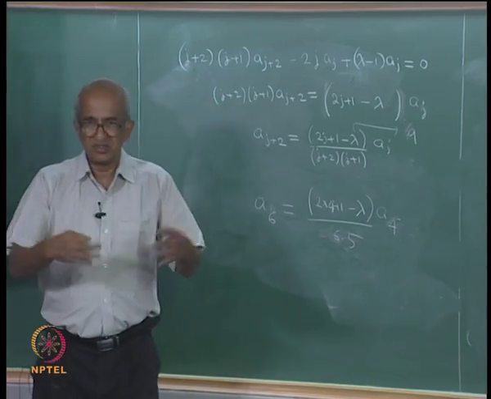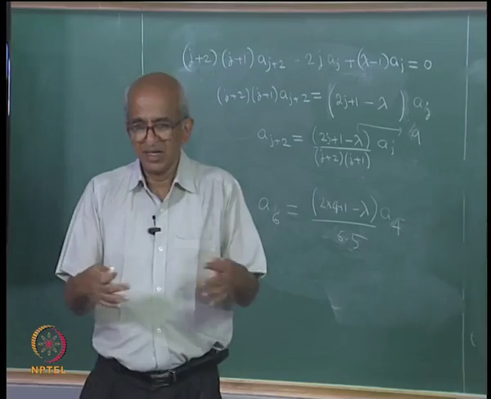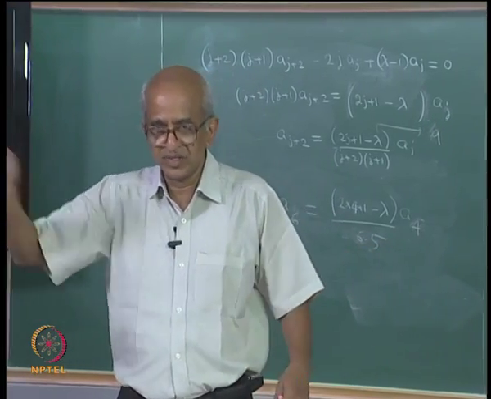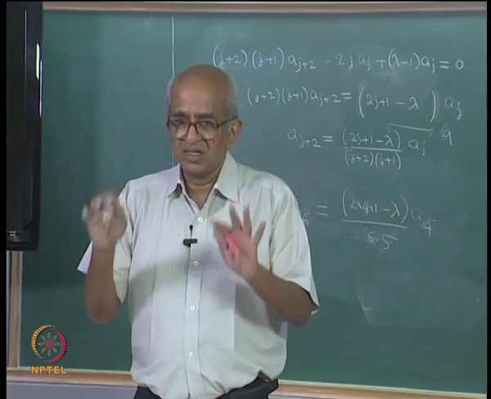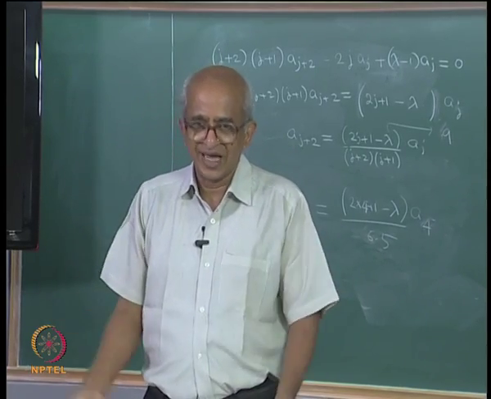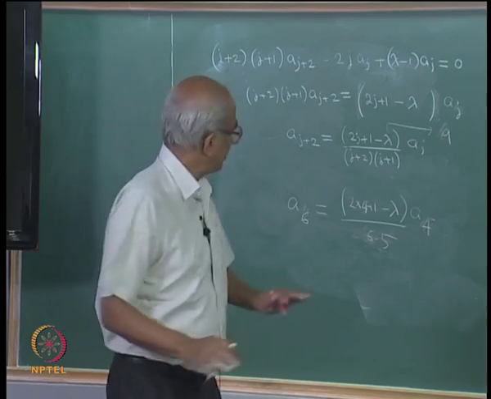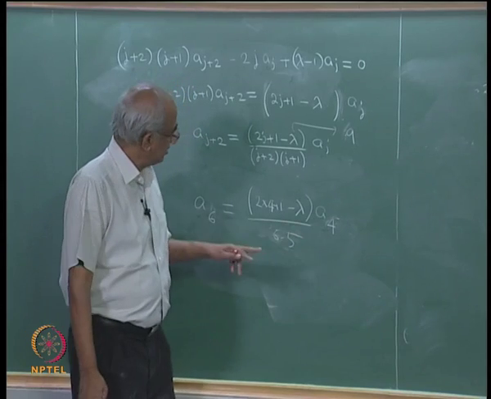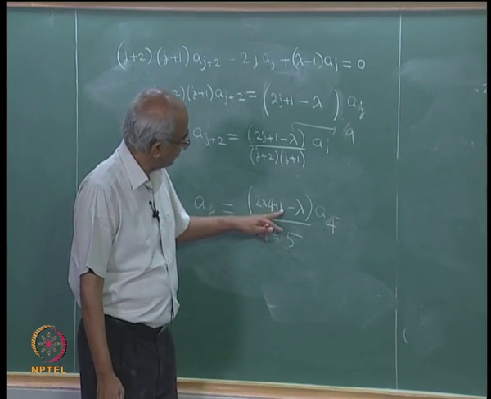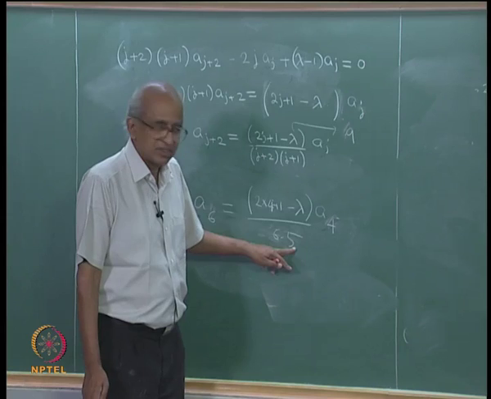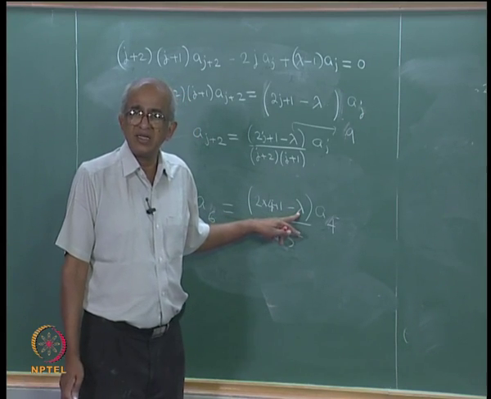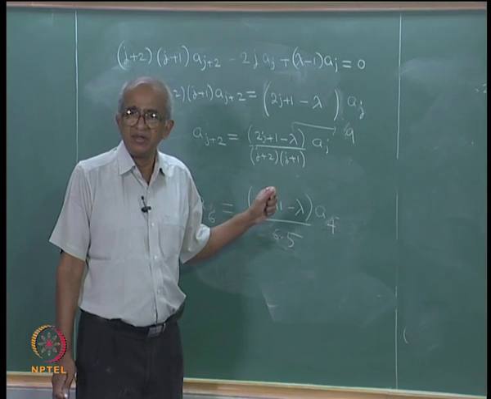I mean, just to be consistent with what I was saying earlier, I am only concerned about the even series, not about the odd. So, imagine that I have a value of lambda which is 9, and imagine that I calculate a6 from a4. Then what will happen is that you will have 2 into 4 plus 1 minus lambda divided by 6 into 5, and if I say lambda is equal to 9, you can see what is going to happen.